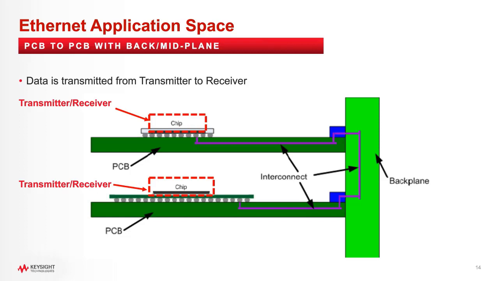The data is transmitted from the transmitter through BGA balls, PCB vias, PCB traces, backplane connectors, vias, traces, and the other line card, in a similar way back to the receiver. It's a long path where there are lots of signal integrity issues coming in. Design engineers need to model all of these to perform a signal integrity analysis.